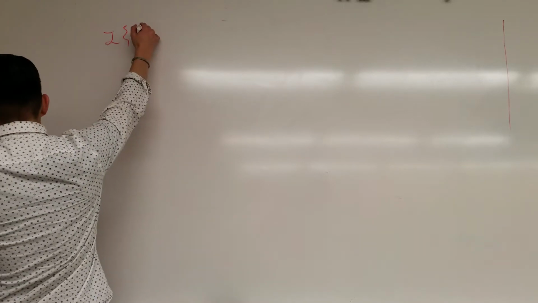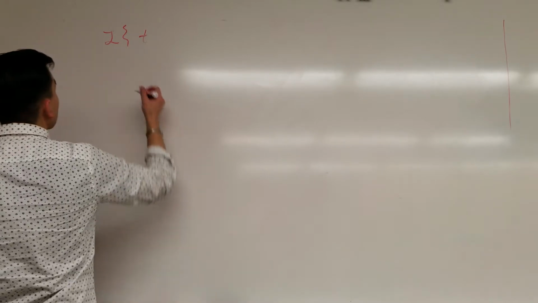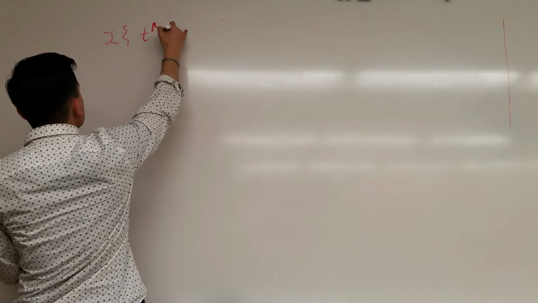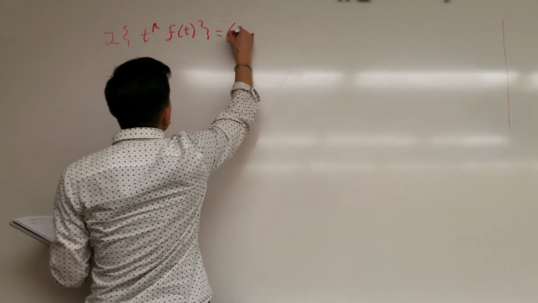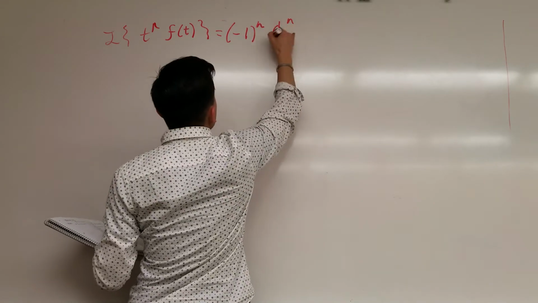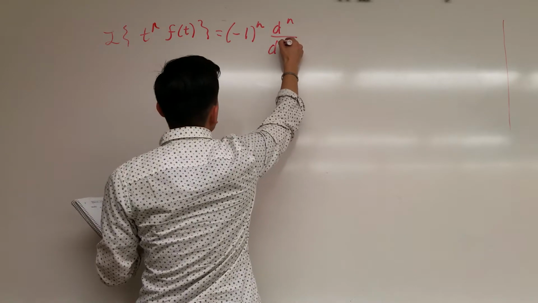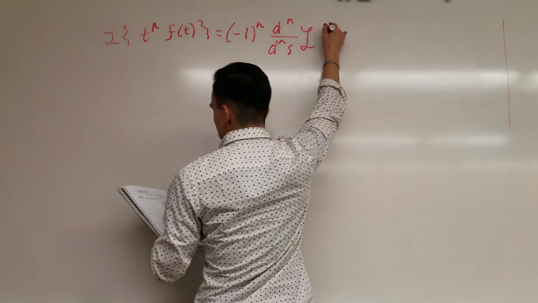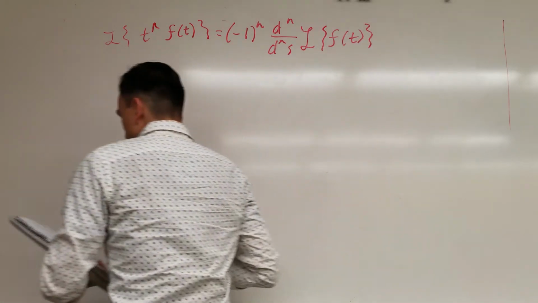Here's a theorem for basically derivatives. We haven't seen anything where derivatives are involved, so this is where the derivatives come into play. Right here.